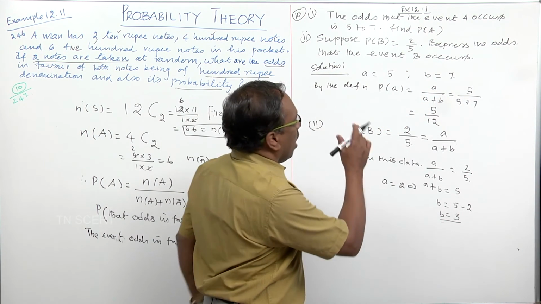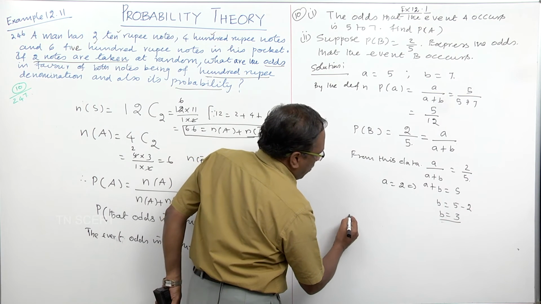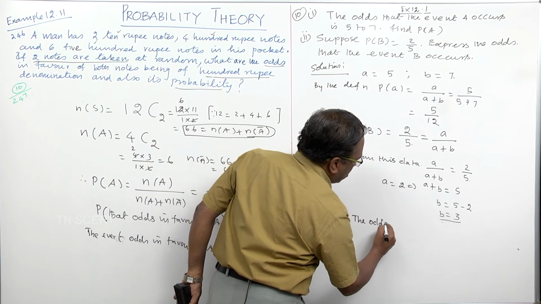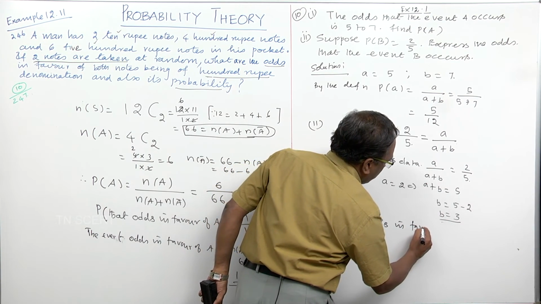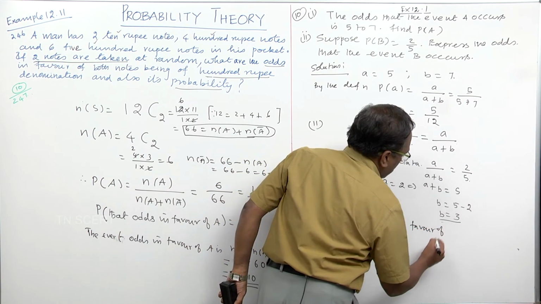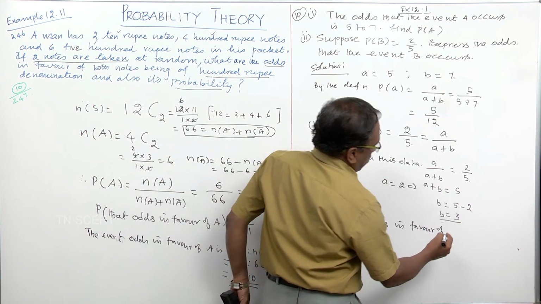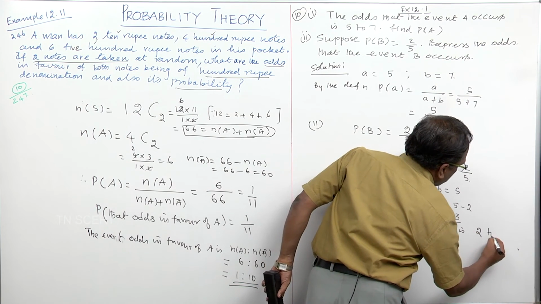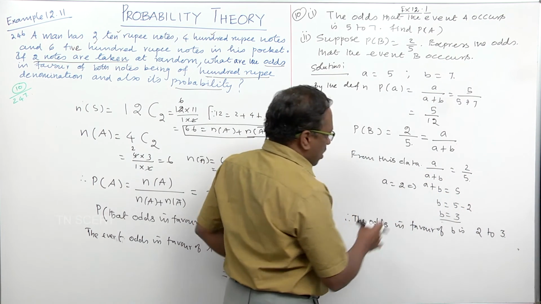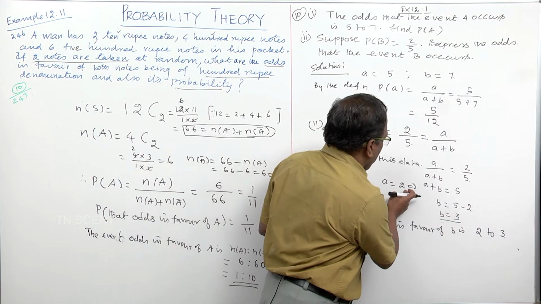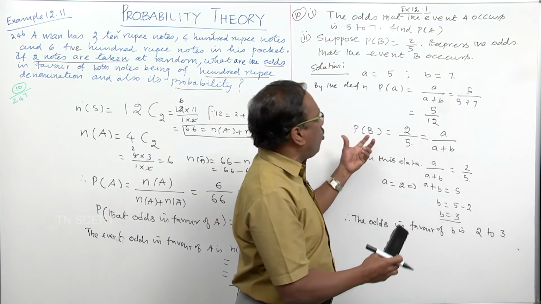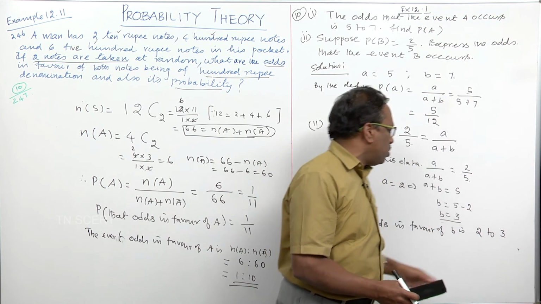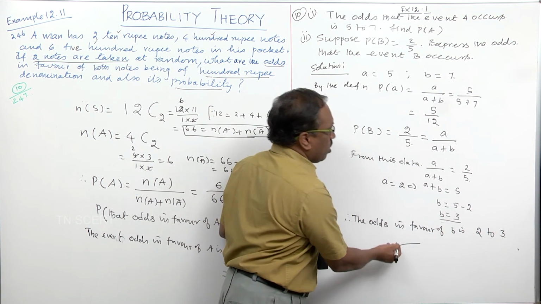Therefore, the odds in favor of B is 2 to 3. So, this is the answer, because we have to find from A to B, that is the usual formula, A to B, where A is 2, B is 3. So, 2 to 3 is the final answer for the problem.